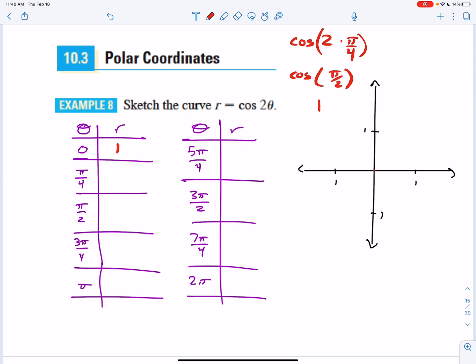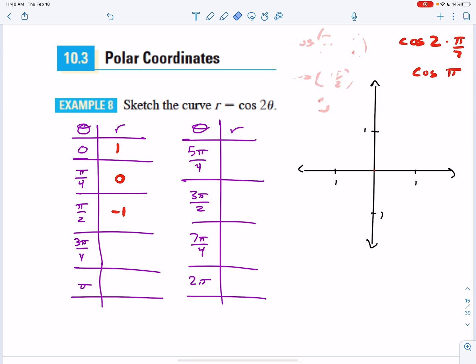Wait, hang on. Cosine of pi over 2 is 0. It's the x-coordinate. Okay? I'll do one more. Cosine of 2 times pi over 2 next. That comes out to cosine of pi. And the cosine of pi is -1. So that's where I'm actually going to stop, okay?